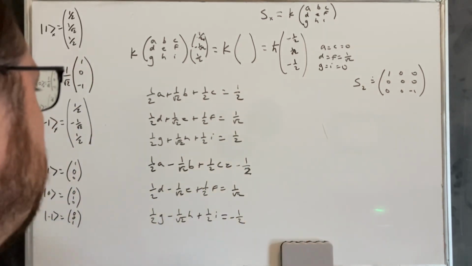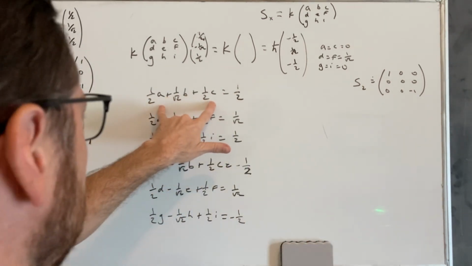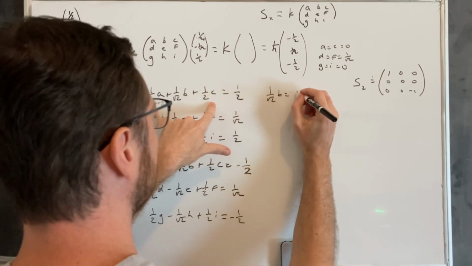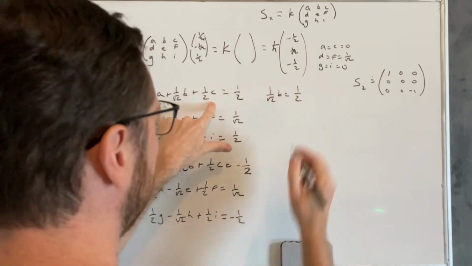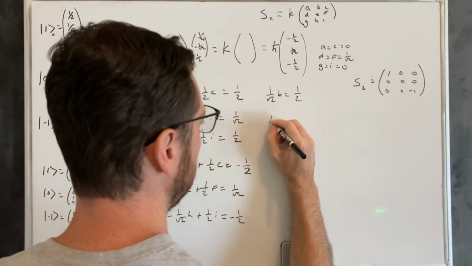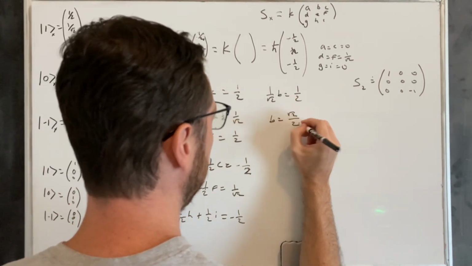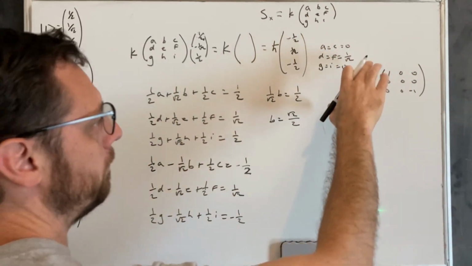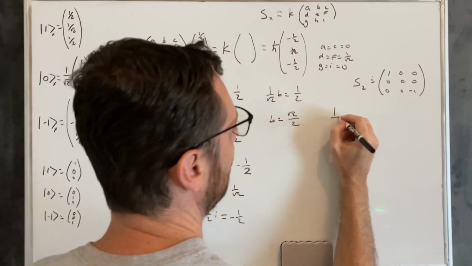All right, so because we have that, we know that A and C are 0. So then that means that 1 over root 2 B equals 1/2. If we multiply across by the square root of 2, then we have B is equal to root 2 over 2. This is the same, by the way, as 1 over root 2.